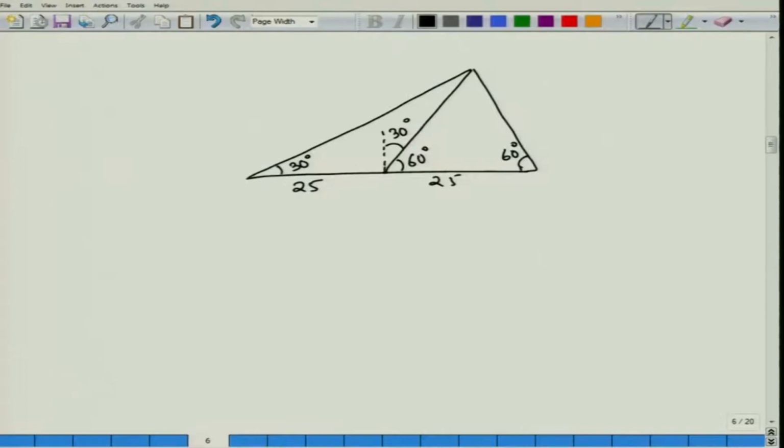Now, how much is the actual height of the tree? So, there are two ways of solving this problem. One, the easier method. You can always see that in this triangle, let us call these A, B, C, D. So, now consider triangle DBC.